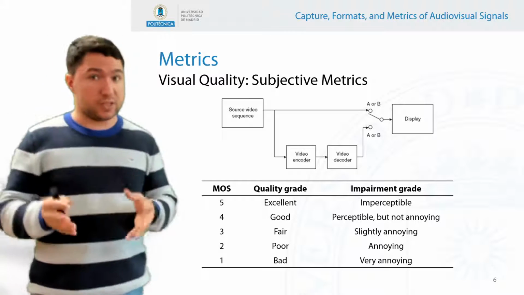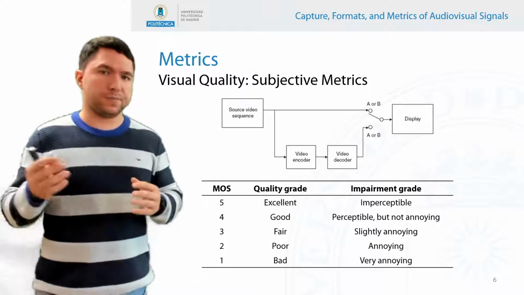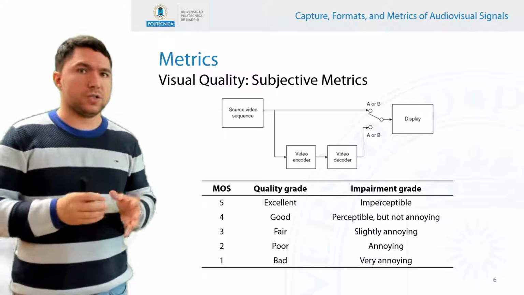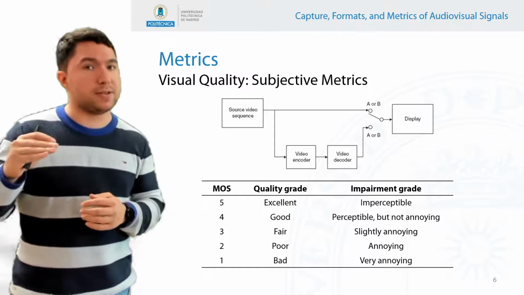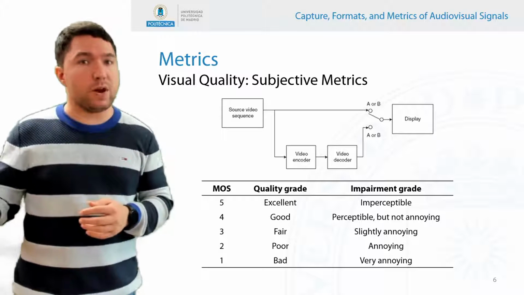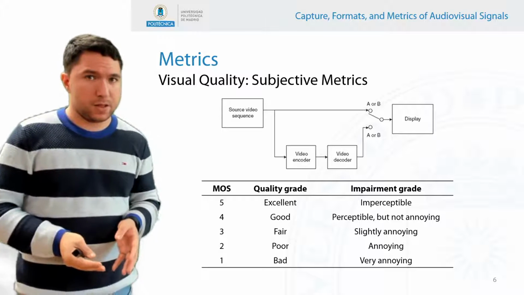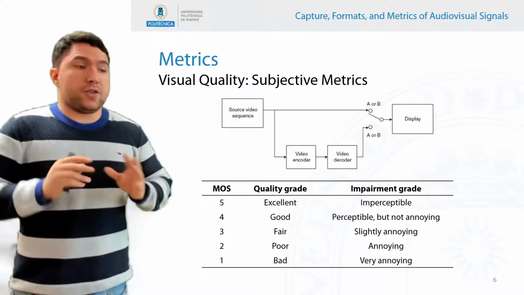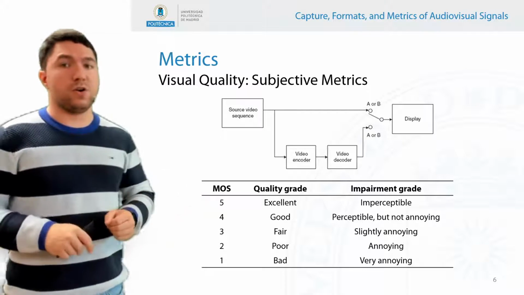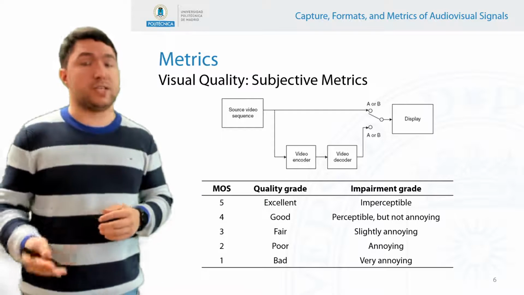Here we always need to tell the viewer to be careful, because if the original one is really bad and the second one is as bad as the first one, then it's a 5. So here what we will obtain is a metric from 1 to 5 on how good my video sequence is.